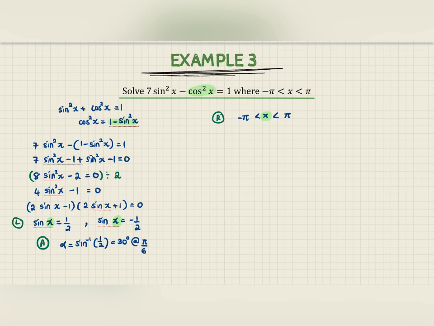And now kita pergi kepada quadrant. So quadrant ini kita kena pecah kepada dua benda. Yang pertama untuk positive sign. Dan ini adalah jawapan yang kedua untuk negative sign.